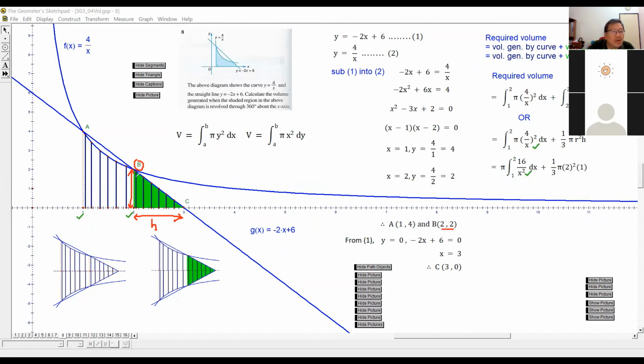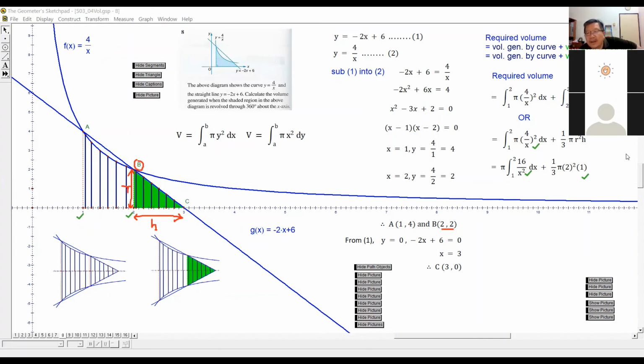So the radius is actually 2. So the radius is 2, so r squared is 2 squared, and the height of the cone is 1, from 2 to 3. So this is the formula.